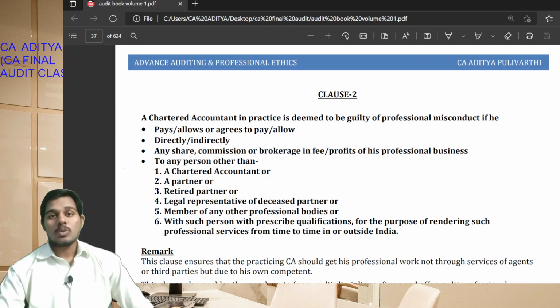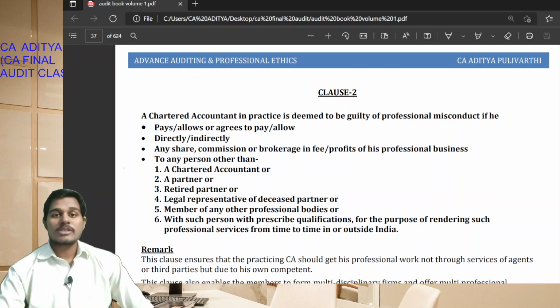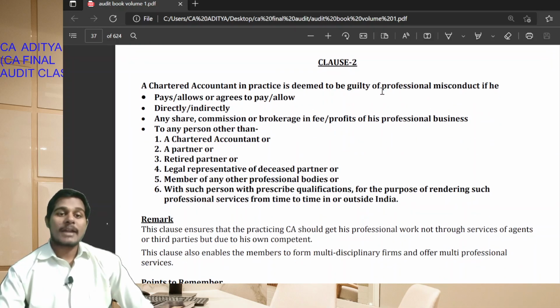As per clause 2 of part 1 of the first schedule to the Chartered Accountants Act, a chartered accountant in practice is deemed to be guilty of professional misconduct if he pays, allows or agrees to pay directly or indirectly any share, commission, brokerage or profits of his professional business to any person other than a member of the institute, partner, retired partner or legal representative of the deceased partner or member of other professional bodies with any other person having prescribed qualification.